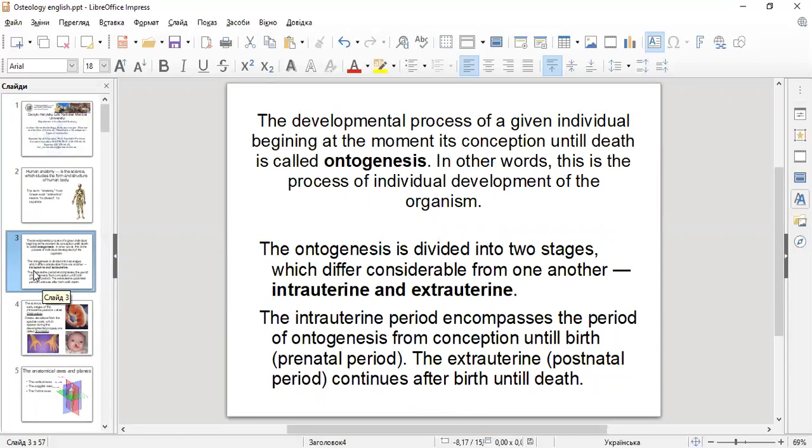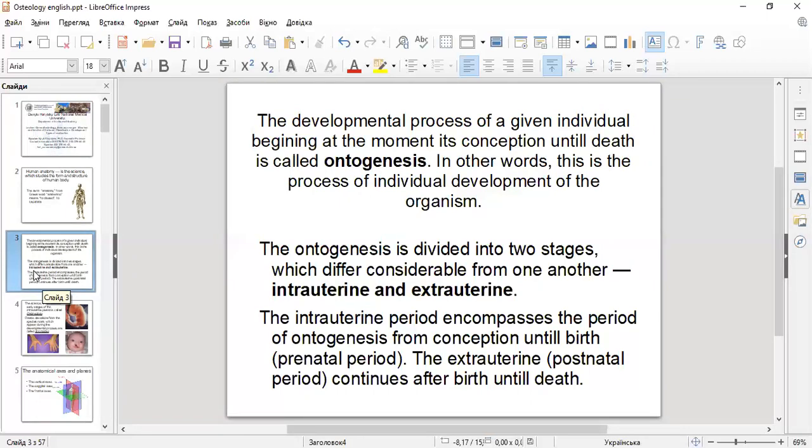Ontogenesis is divided into 2 stages, which differ considerably from one another: intrauterine and extrauterine. The intrauterine, or prenatal, period encompasses the period of ontogenesis from conception until birth.